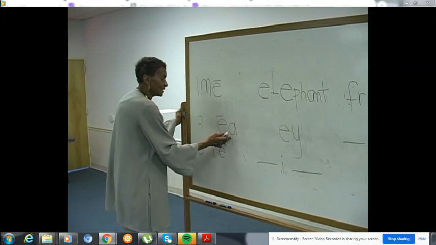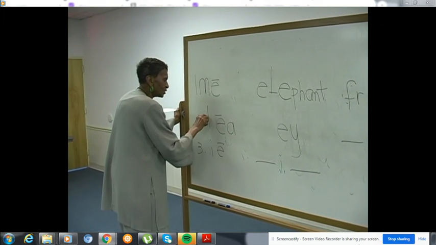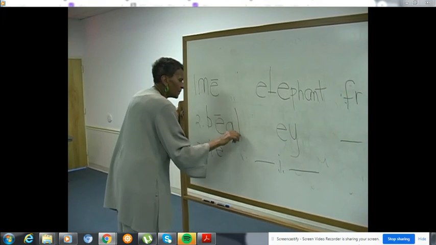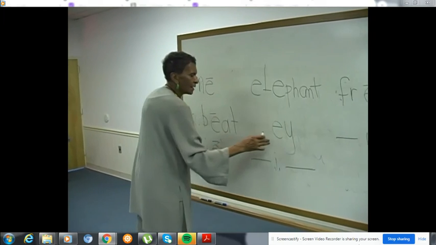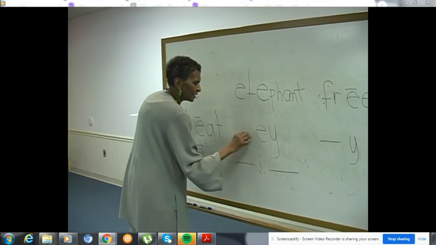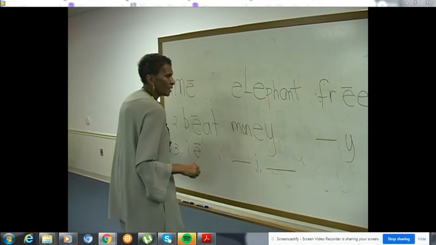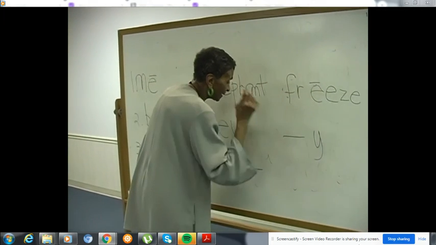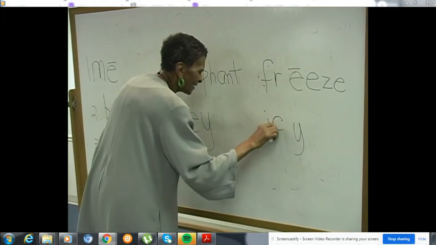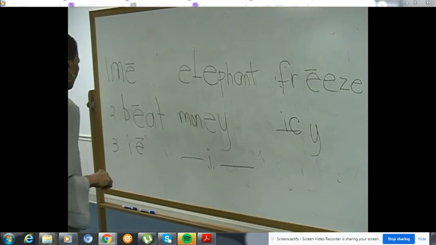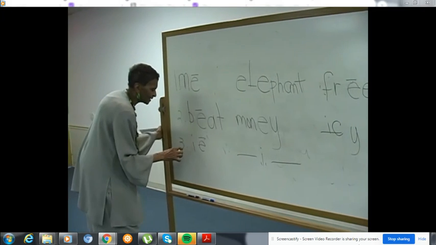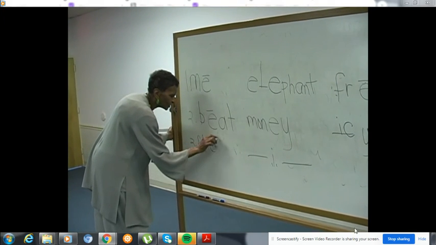EA says E as in beat. EY says E as in money. Blank Y says E as in icy. IE says E as in field.